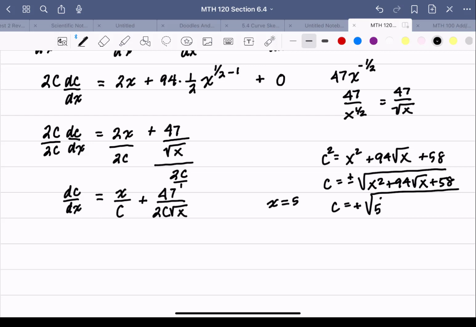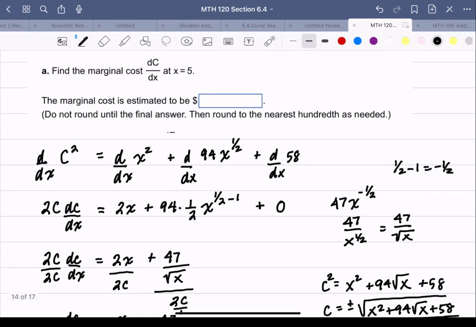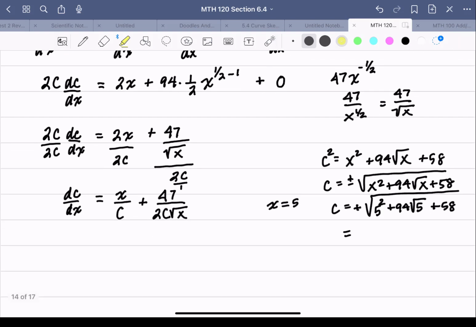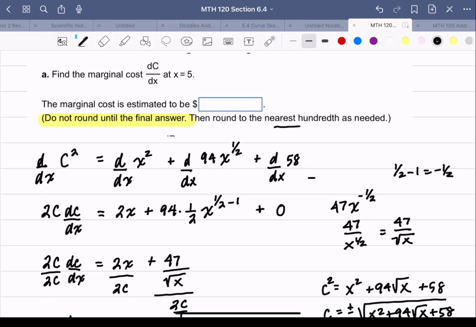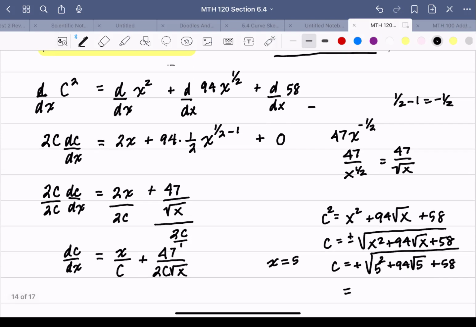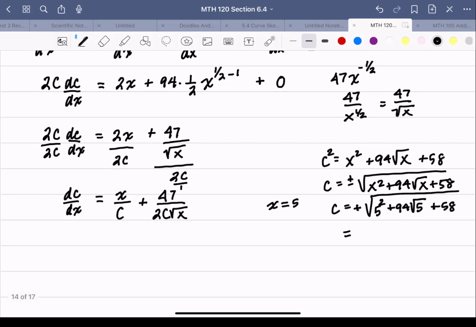So 5 squared plus 94 times the square root of 5 plus 58. And notice in the instructions that this says do not round until the final answer. Well, since they want us to round to 2 decimal places, nearest hundredth, we can go multiple places past the decimal, and then we'll be safe to get 2 places accurately.